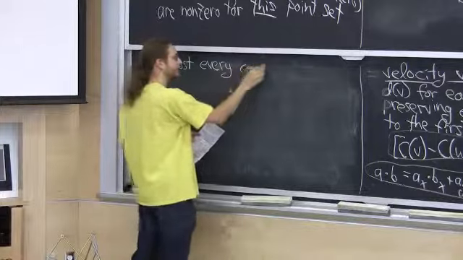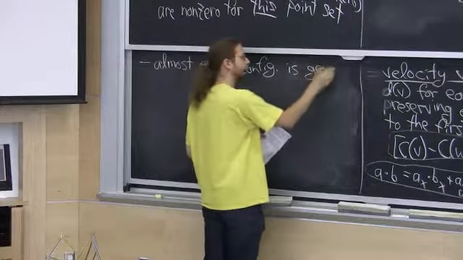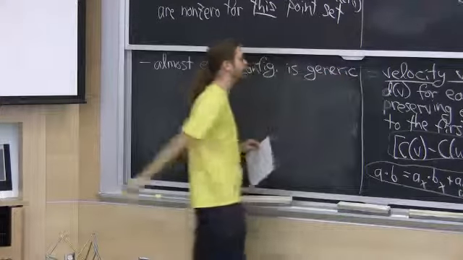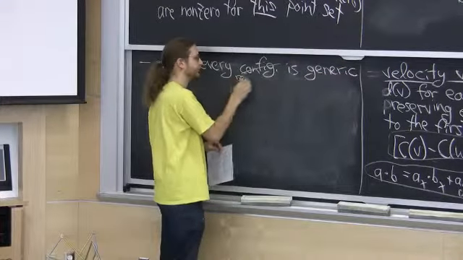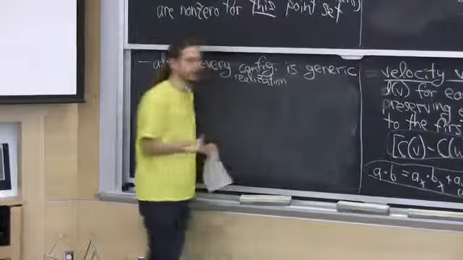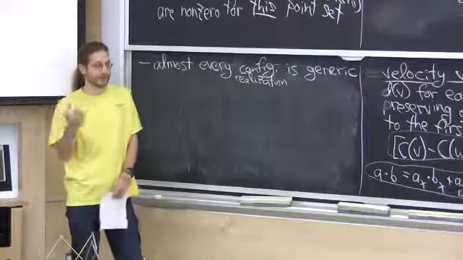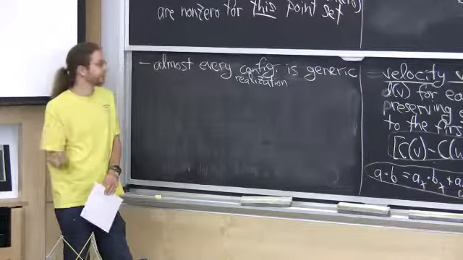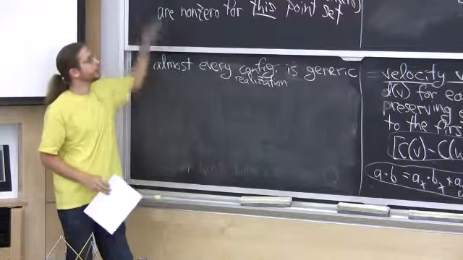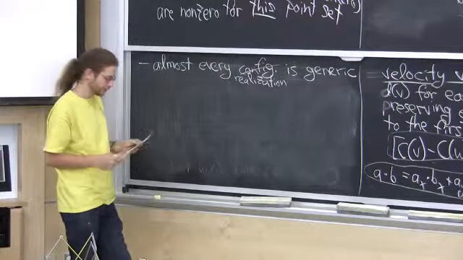Almost every configuration is generic. So if I take some vertex set, I assign random points to each vertex, then with probability 1, it will be generic according to this definition. That's really obvious if you know linear algebra. That's a good thing.